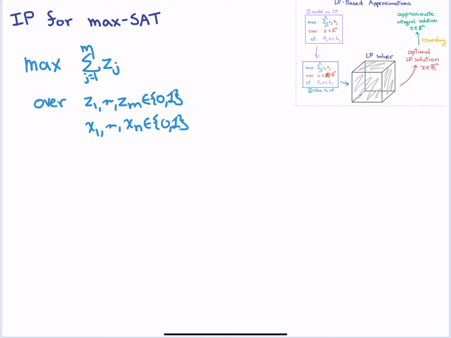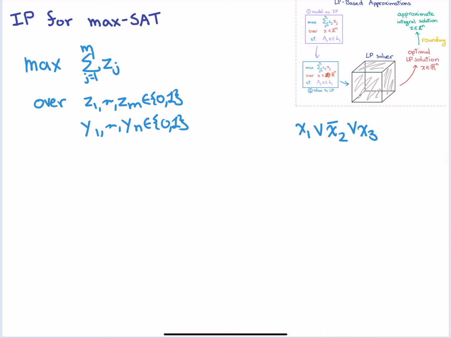What we want is, based on x, you should only be able to set zi to be 1 if one of the x's helps you out. So for example, if I had a clause like x1 or not x2 or x3, maybe I should change this a little bit, so as not to confuse ourselves with the variables in the formula, I'll use yi for the variables in the integer program.